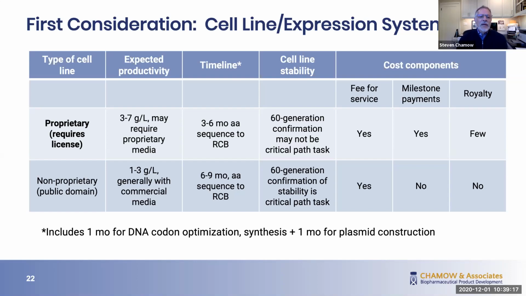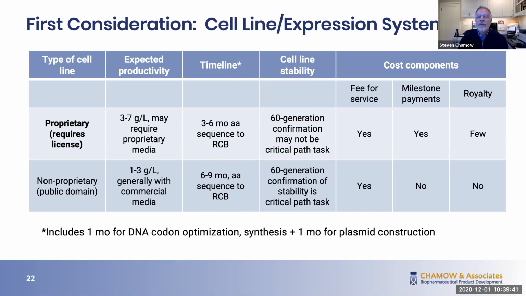In contrast, the non-proprietary systems are public domain, and they produce a lower expected productivity, generally 1 to 3 grams per liter, with commercial media. Timeline is anywhere from 6 to 9 months through to RCB. 60 generation confirmation of stability is generally a critical path task.